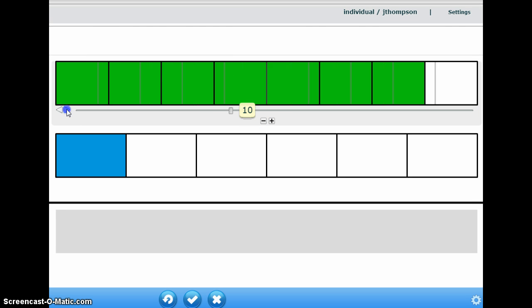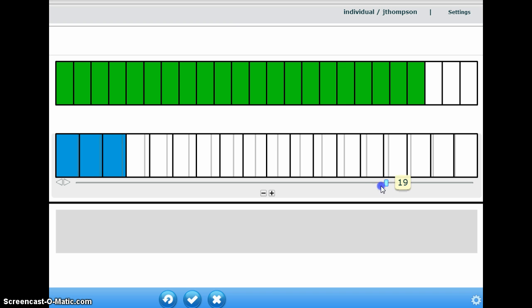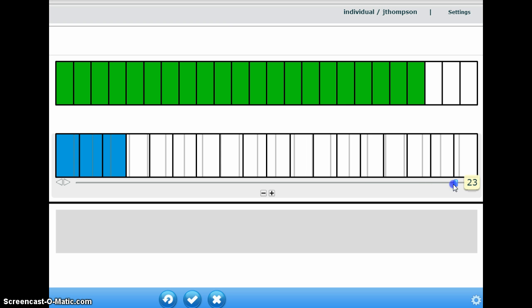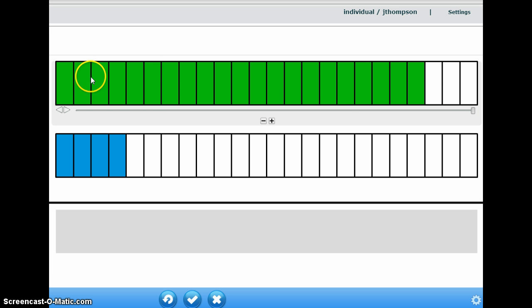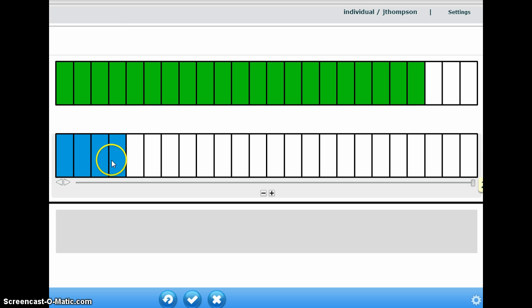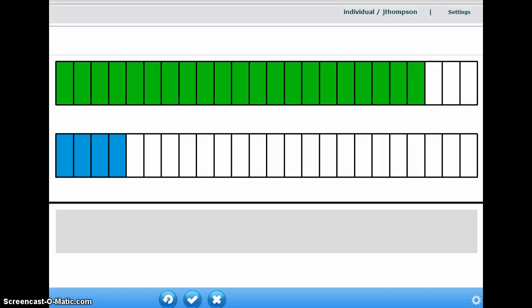I'm going to make that into 24ths. And my 1/6, I'm going to make that into 24ths. And now you can see that my denominators line up. So I take these 21 24ths and I subtract these 4 24ths, and I'm left with 17 24ths.